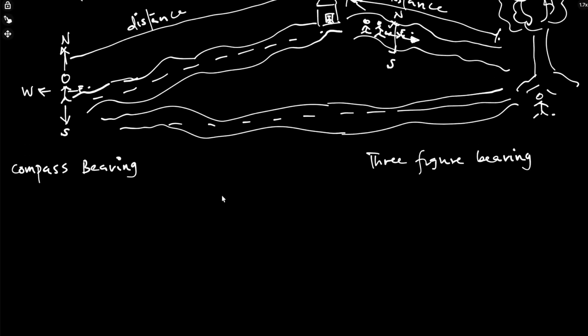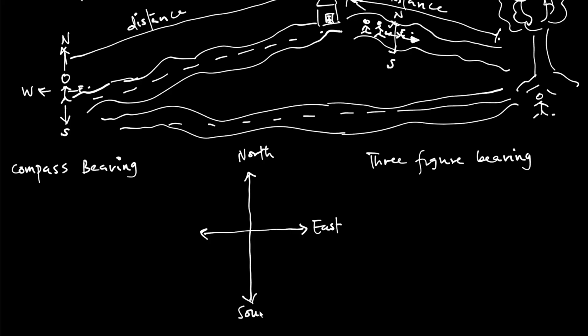Before I define the compass bearing, I would love to re-emphasize that for you to move in any direction, we have what we call the 4 cardinal points. So here at the top is the north, this is the east, down here, down south, and here is the west.